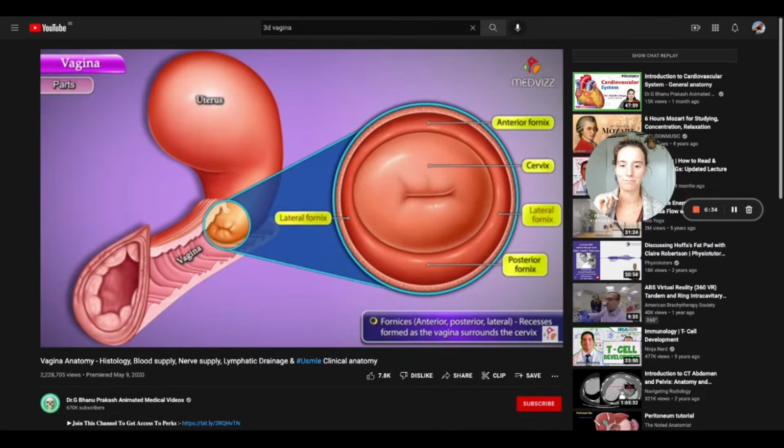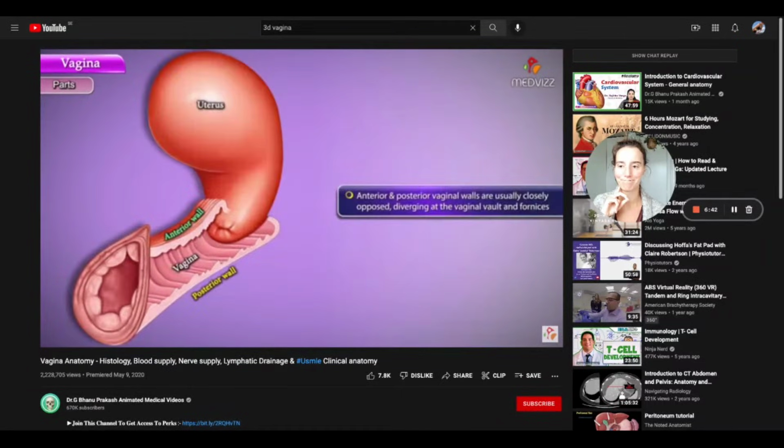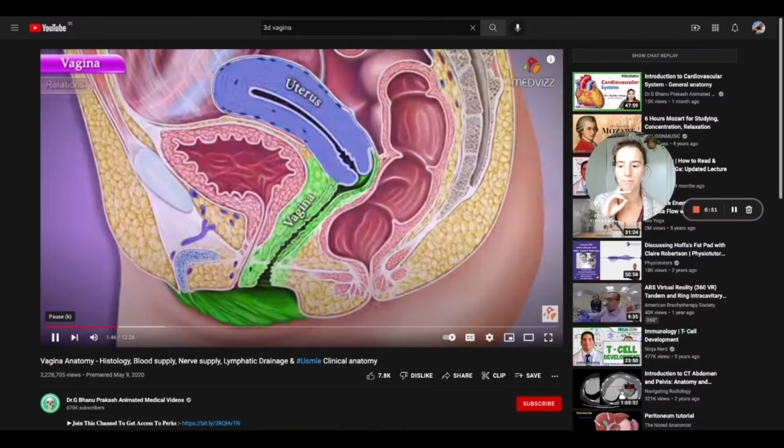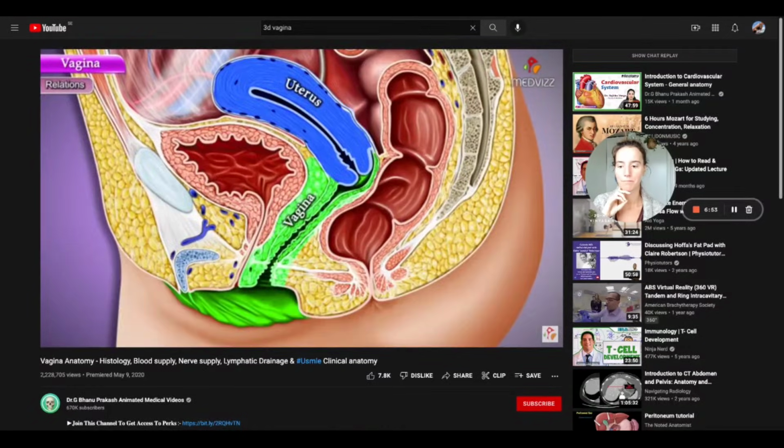Anterior and lateral, which are recesses formed as the vagina surrounds the cervix. The anterior and posterior vaginal walls are usually closely opposed, diverging at the vaginal vault and fornices. Relations. Anteriorly, it is related to the cervix, bladder, urethra.